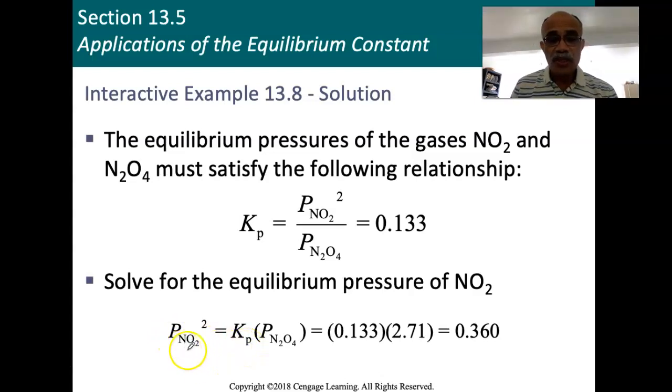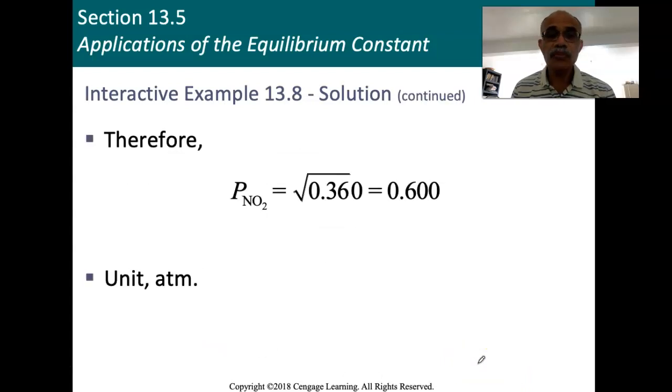So notice that this is a squared function, so you need to find the square root of that. So the pressure of nitrogen dioxide will be the square root of 0.360, and that gives us the answer. So pressure is 0.6 atmosphere. That's the unit of this calculation.